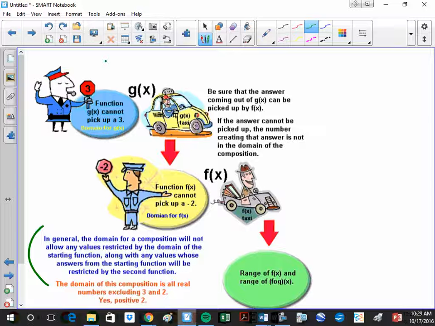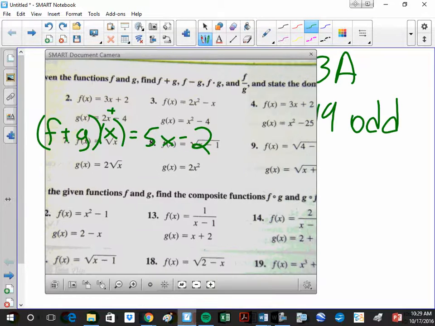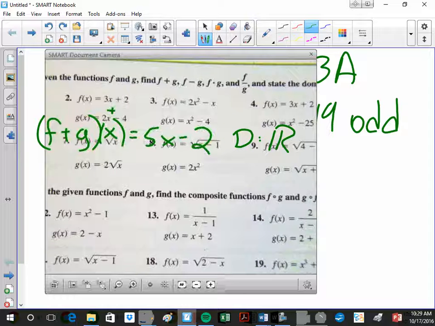So if we look back at these, is there any problem with the domain in f? No. What are we looking for in domain restrictions? Square rooting negatives and dividing by 0. So neither f nor g has any domain restrictions, and adding them together doesn't create any other domain restrictions. So the domain here is simply all real numbers. Okay?